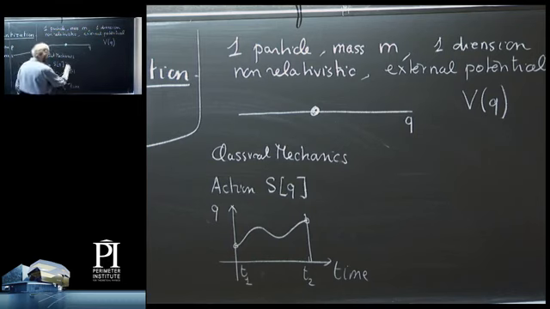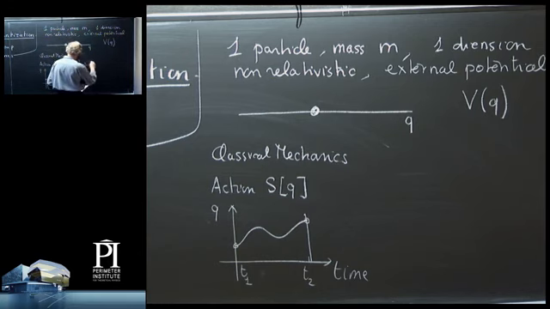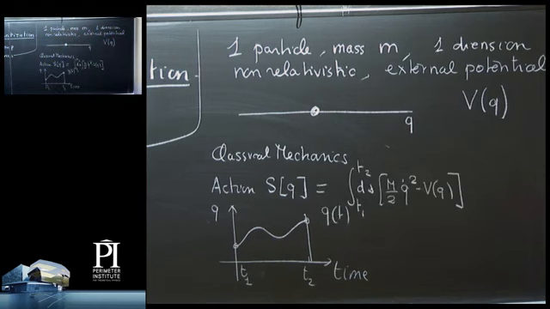And the action is just the integral over time, between the two times, of the sum of its kinetic energy, m over 2 q dot squared, minus the potential energy, V of Q. That's the classical action, and you have to extremize this action.